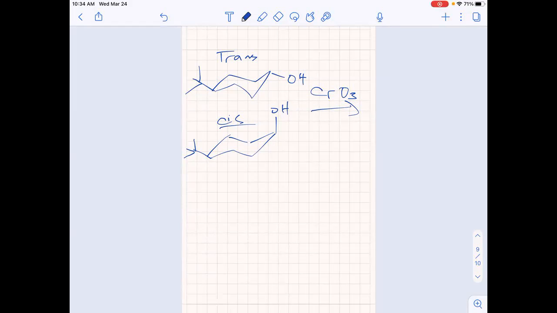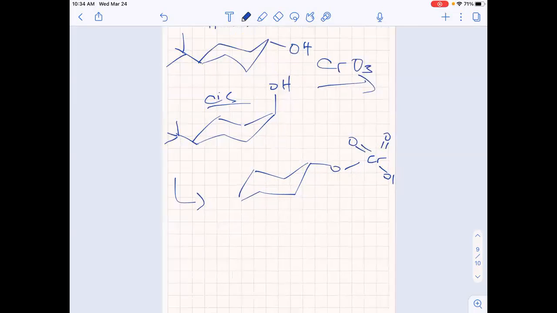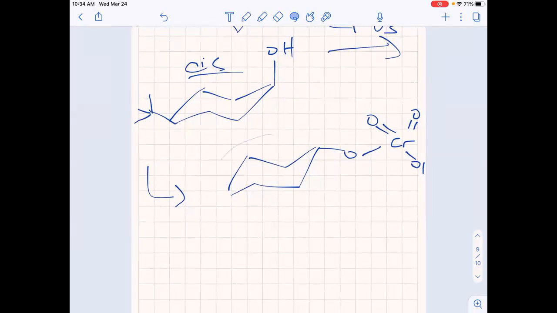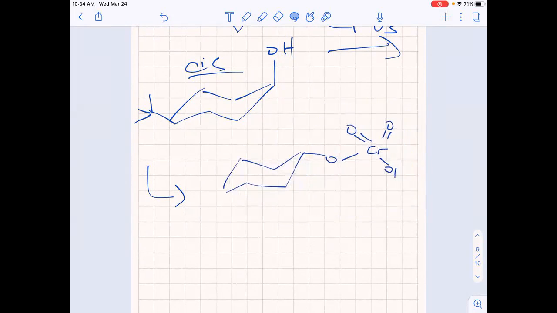So here is the intermediate. I'm just going to draw one and copy it. All right, so it's OCr. I got to shrink that down just a tad. Sorry about that.